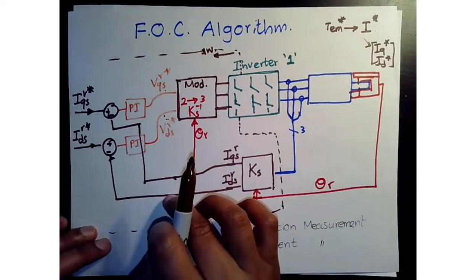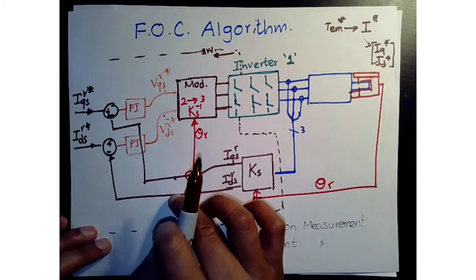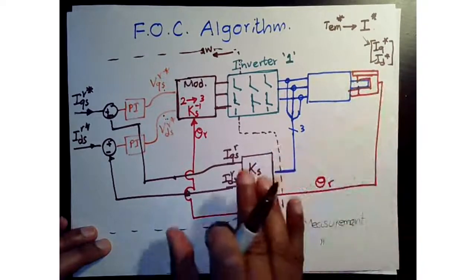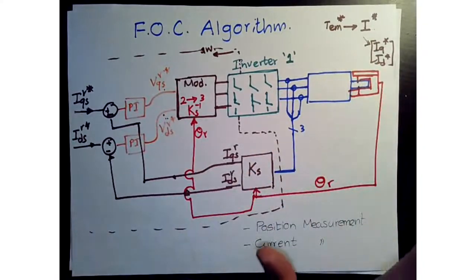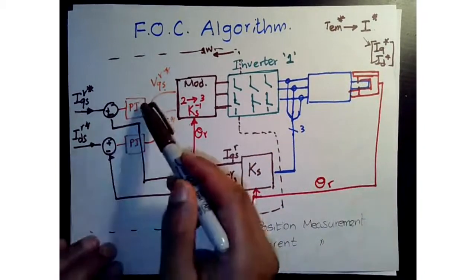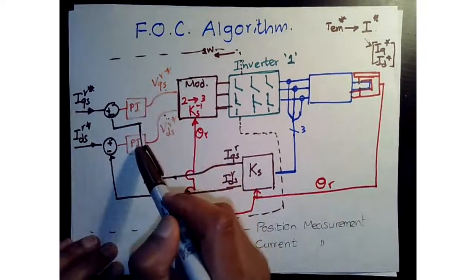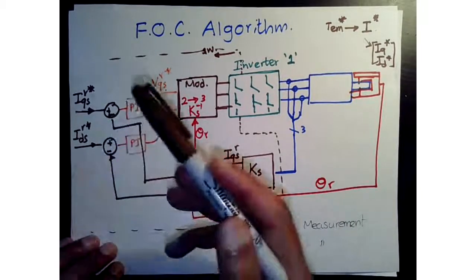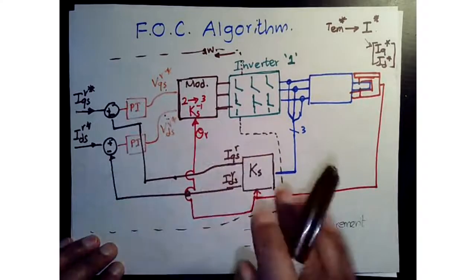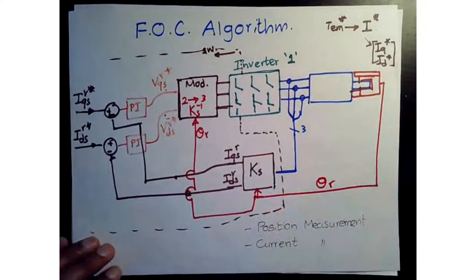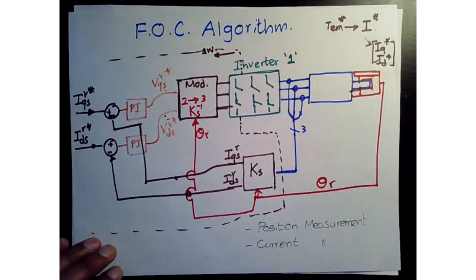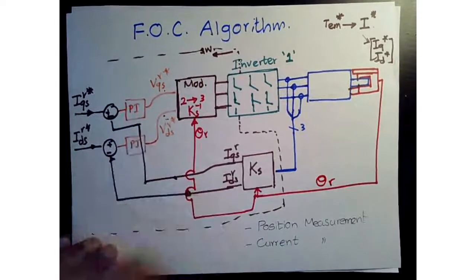It's not really a technical way to say that, but we're converting to the rotor reference frame, making it look like DC. And with that, our regular PI controls can be applied, considering bandwidth, right? We talked about how to use bandwidth in your PI controller design.